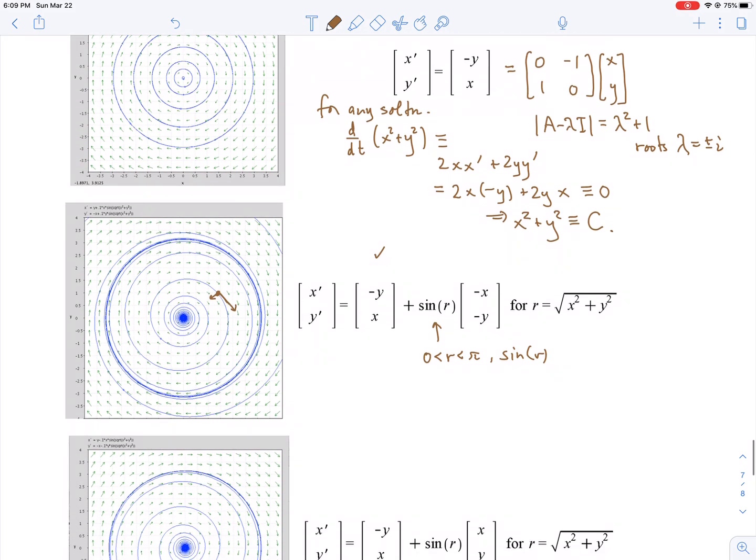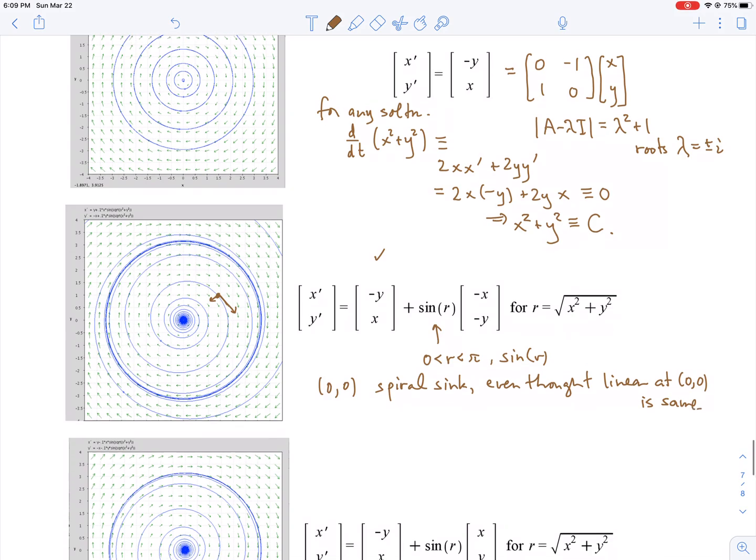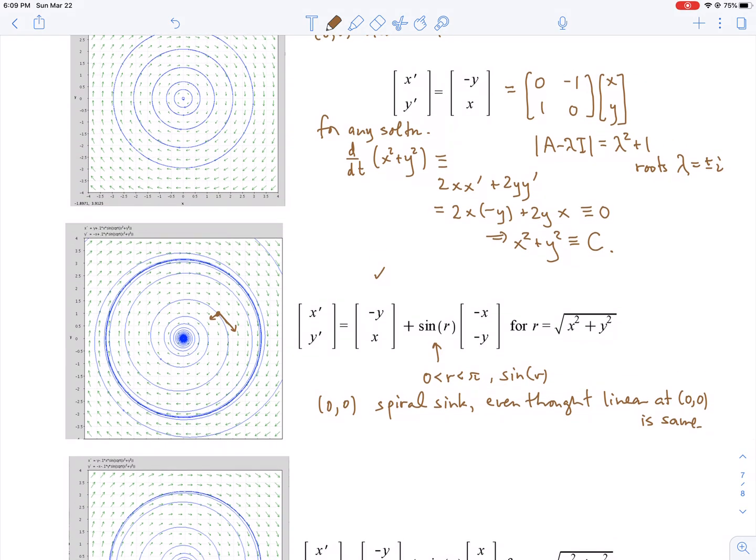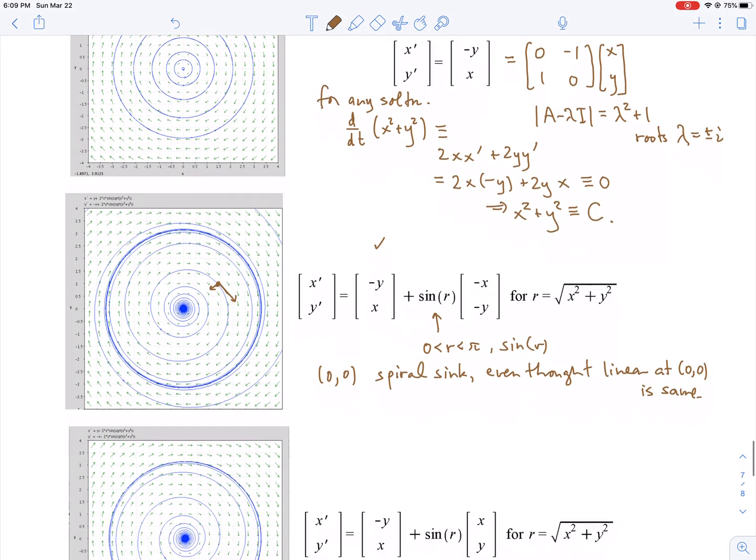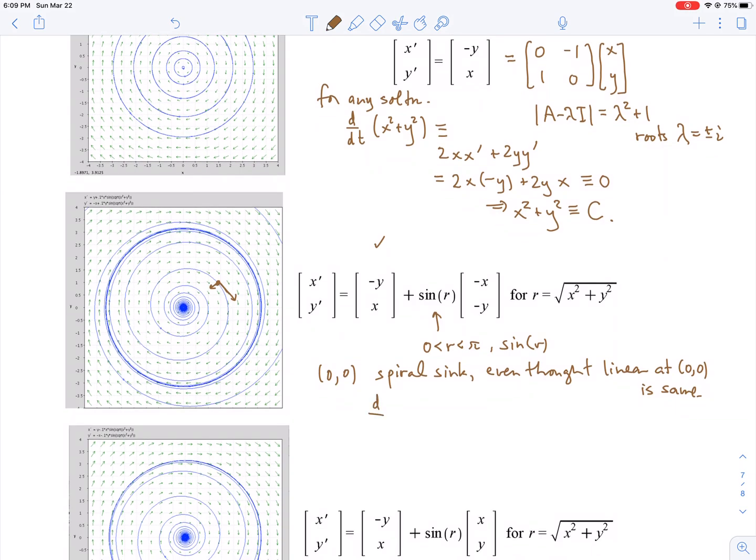In the second example, 0, 0 is a spiral sink, even though the linearization at the origin, where we throw away all the higher order terms, is the same. And we can actually prove that x of t, y of t are converging to the origin, or at least their magnitude is shrinking, by doing the same thing we did in the first case.